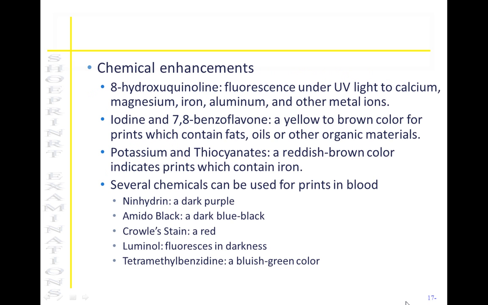There are also various chemical enhancers that can be used to bring out some prints that might not as easily be visible. So you might choose to use amido black to further enhance a print that's in blood.